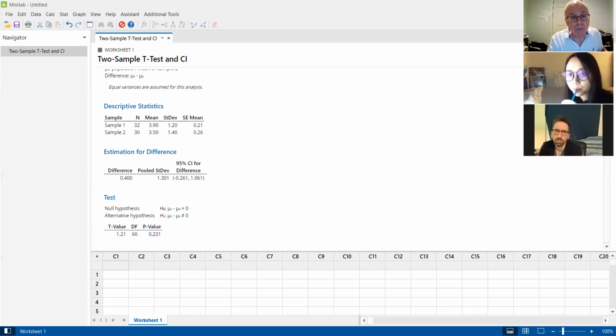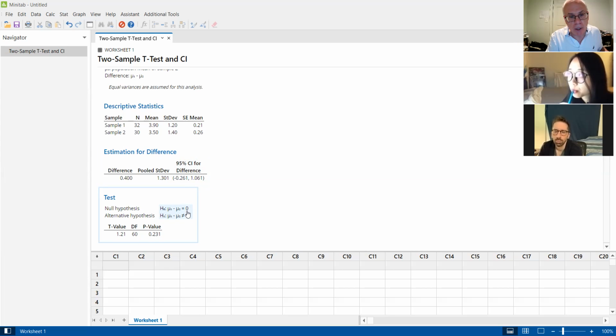Now, one thing I want to bring to your attention is it does not give you the result of the test. Do we reject or not reject the null hypothesis? But I want to show you something that's really good about this just for a two-tailed test. Notice that the confidence interval, which would correspond to a two-tailed test, by the way, does contain 0, the null 0, doesn't it?